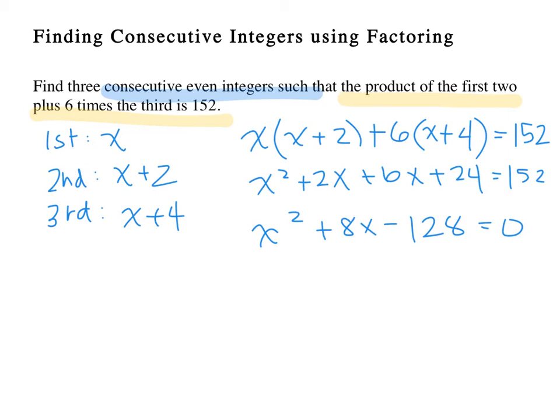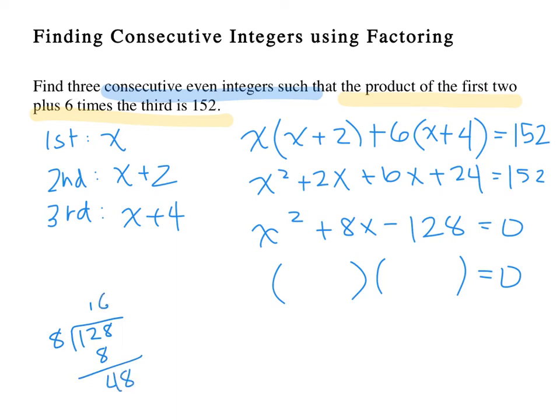This one's a little bit more difficult, so maybe I'll guess first and check on the side. 128, let's try dividing it by maybe 8. So 128 divided by 8, I have 1, 6... 16.